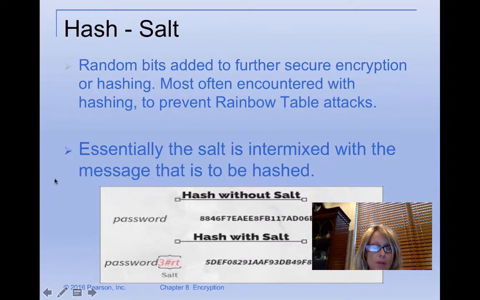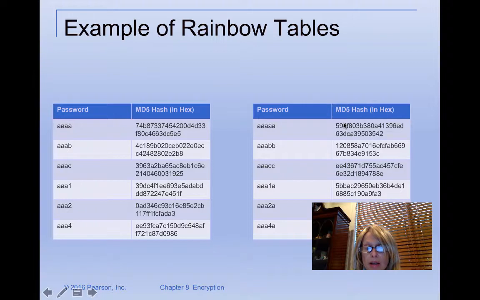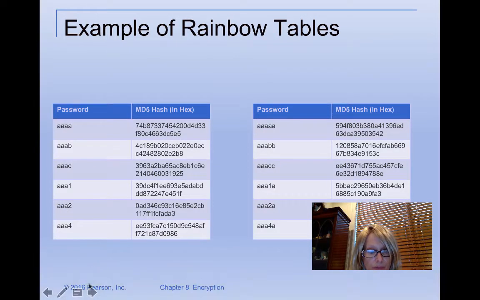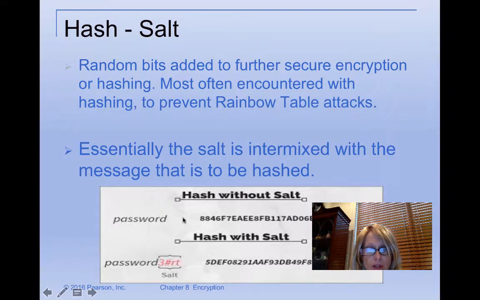So, for example, you saw before AAA, and it came up with this hash. If you were to add a bit every four bits here, every 4 characters, you would totally change what this is. That adding of those random bits is called salting. So for example, here is a password without salt, blah, blah, blah.